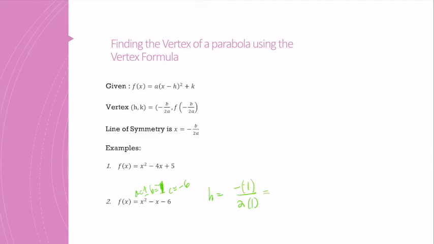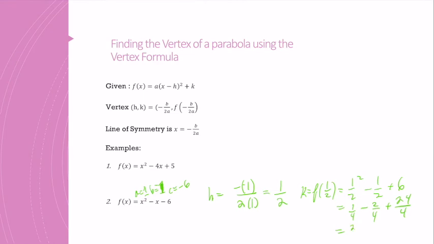b was negative 1, so it's negative negative 1. So now I have h equals 1/2. Then I'm going to take f of 1/2. That's going to give me my k. So I have 1/2 squared minus 1/2 minus 6. So I have 1/4 minus 2/4 minus 24/4.